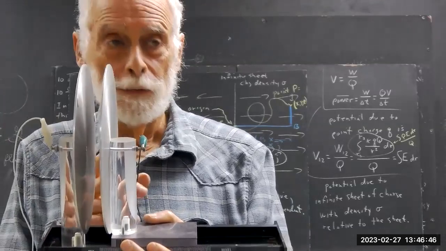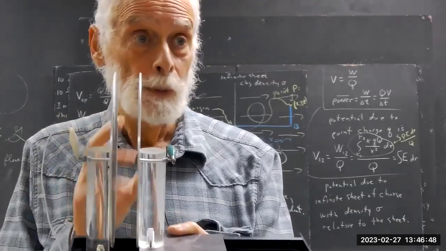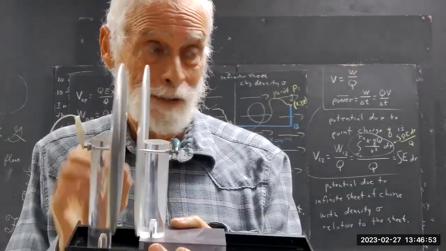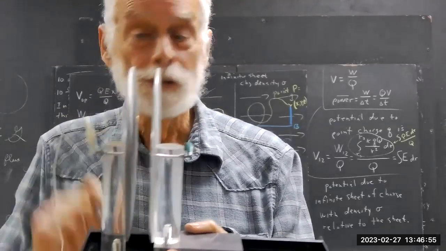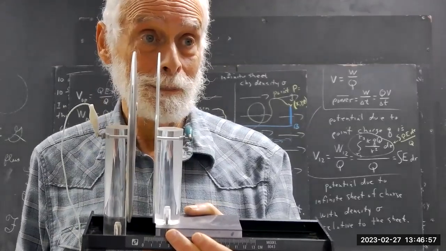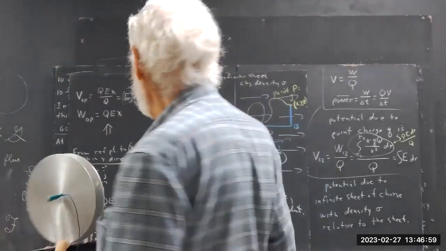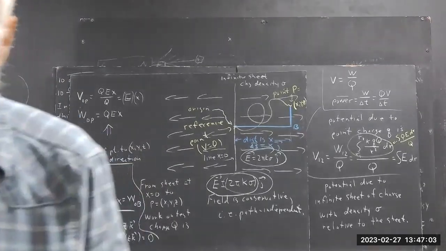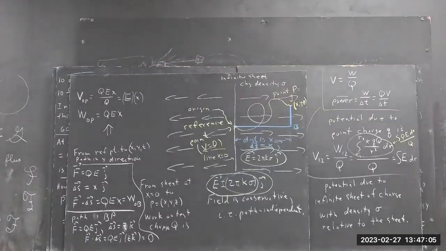The potential difference between the plates, the voltage between the plates, is the field, 4 pi k sigma, times the distance between the plates. So this is relevant, and I can complete what I wrote down there.